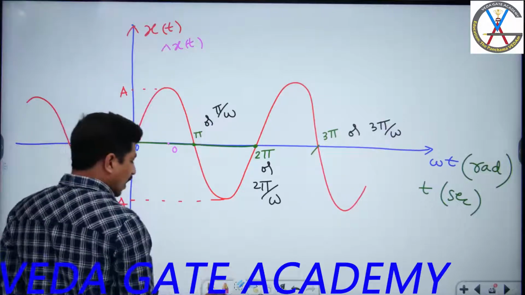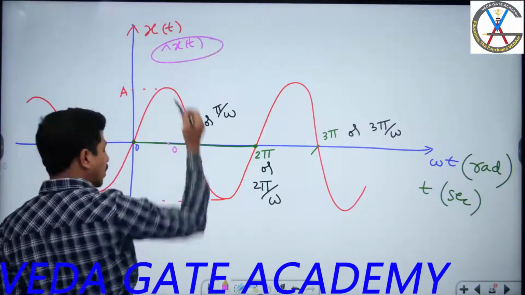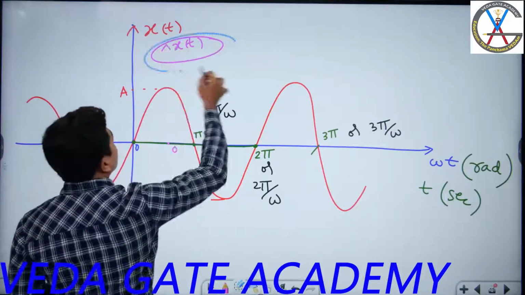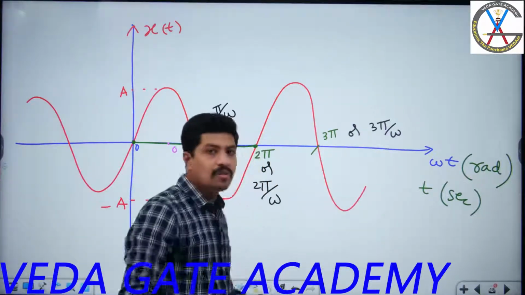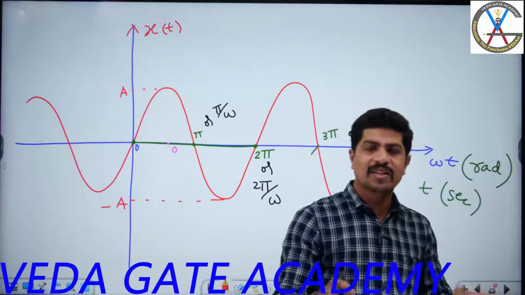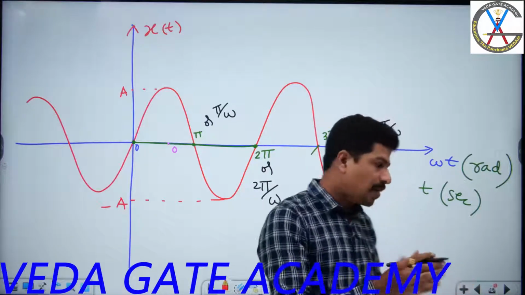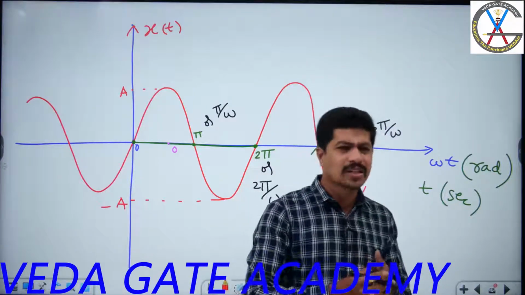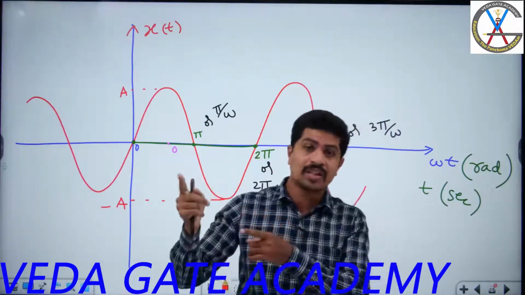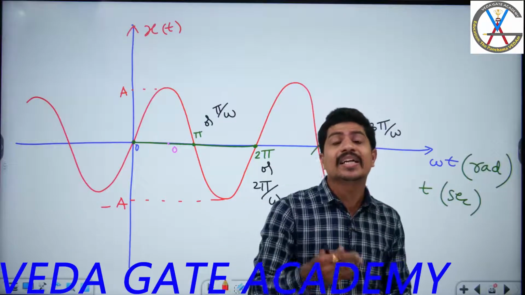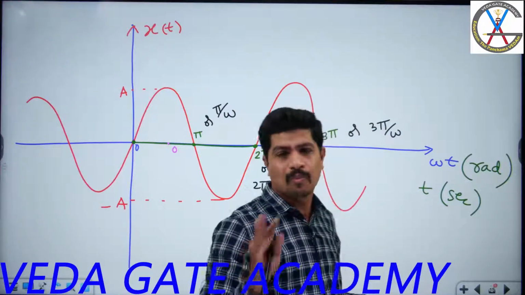Sine and cos are both the same, shape-wise and frequency-wise, except for the advancement of 90 degrees. Cos is 5 milliseconds ahead with respect to 50 Hz, or 90 degrees ahead when compared to sine. That's it, not more than that.